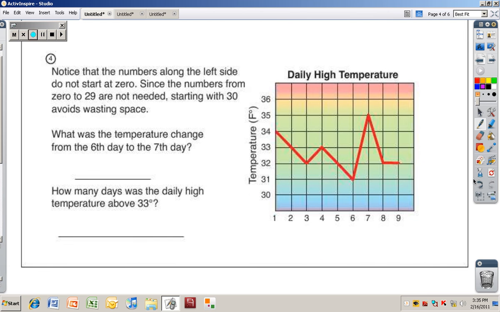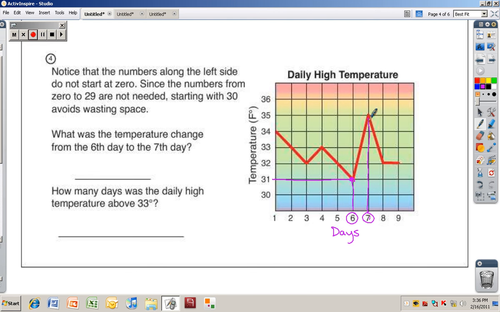All right, first one says, what was the temperature change from the 6th day to the 7th day? And they should have days down here, so that we know that this is the 6th day and the 7th day. But they didn't write that, and so you go up from the 6th day, right here, the temperature on the 6th day was 31 degrees.